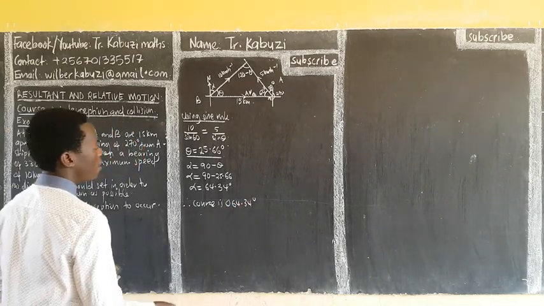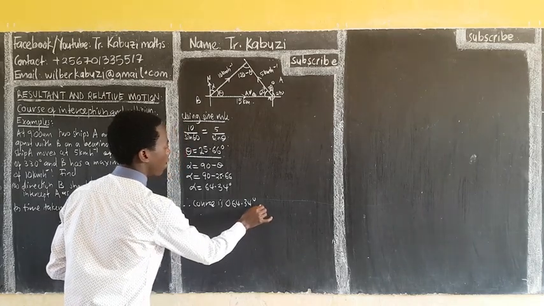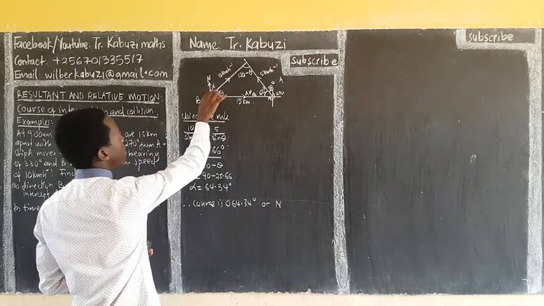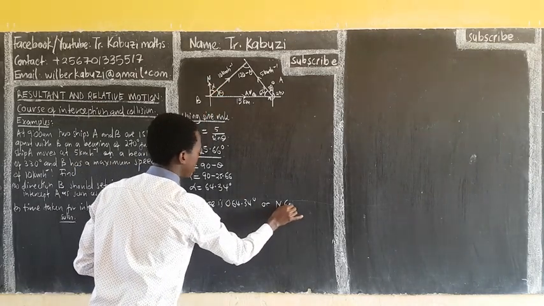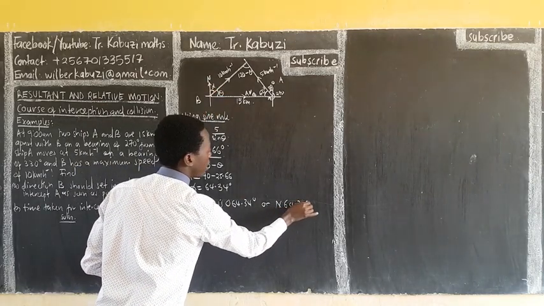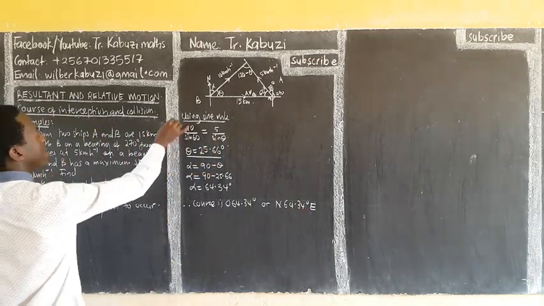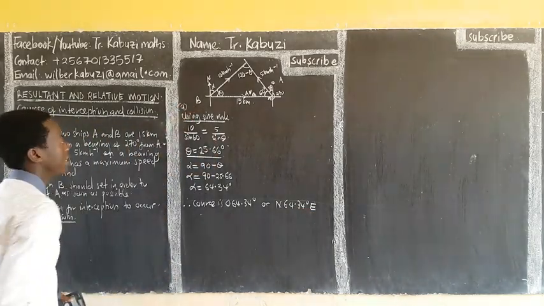Or you can give it as from the north. You see from the north, this is our alpha, 64.34 degrees towards the east. As simple as that. So this is the course.